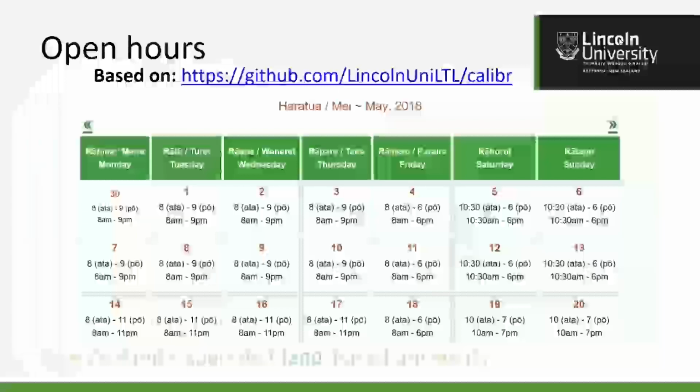So the calendar display data code, which was written by a predecessor or two, is available up at that link. The main point of distinction for that is that we've got bilingual days and months and so forth in there, which we wanted to support Te Reo Maori.